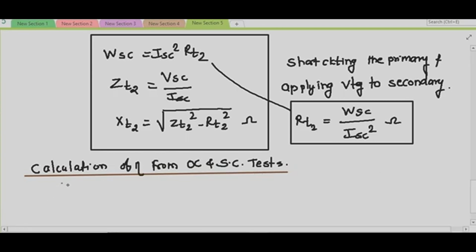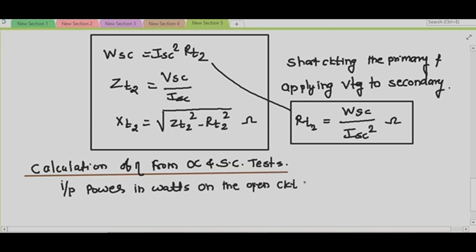We know what is the input power in watts on the open circuit test.